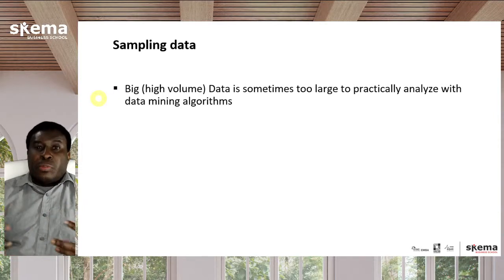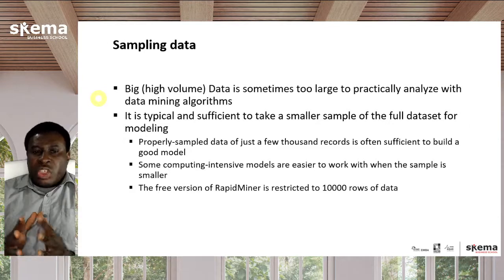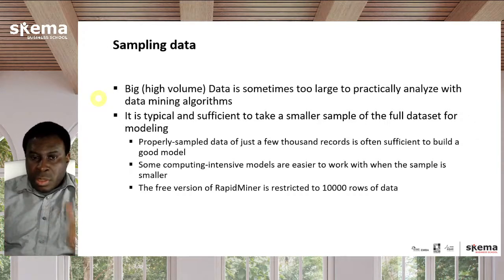It's too much to practically do the data mining analysis that you would like to do. So it's typical to just take a smaller subset. So not all the data that you have, like maybe you potentially could have 10 million rows of data, but maybe you just take 10,000 rows of that, for instance, which is a much smaller subset.